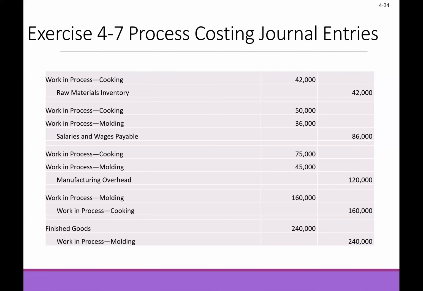So for molding, the salary and wages payable that were applicable to the molding department went in there. The manufacturing overhead that was applied to the molding department went in there.